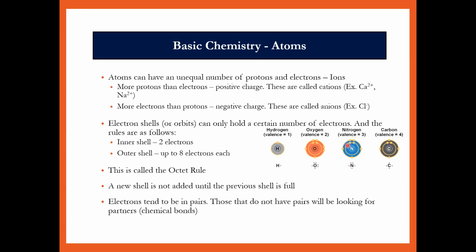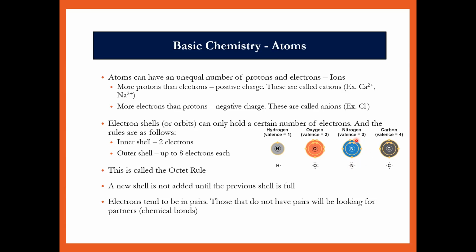Your inner shell can only hold 2 electrons. So there's only 2 parking spots in an inner shell for electrons. So we have our 1, 2. Your inner shell is satisfied, it's happy, it's filled up. So now we move to our next shell, which is shown here as the second outer shell. Your outer shell can hold up to 8 electrons.